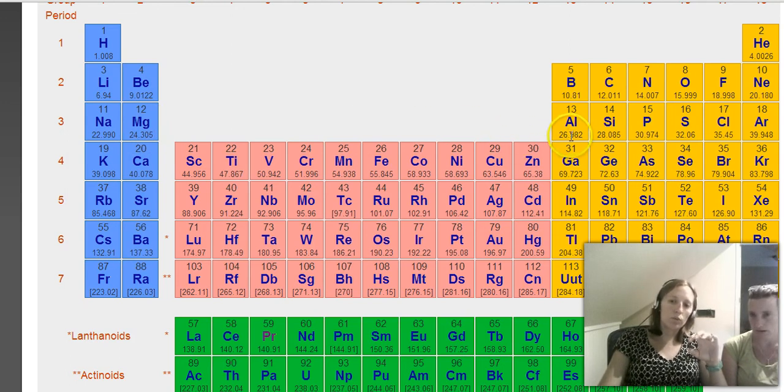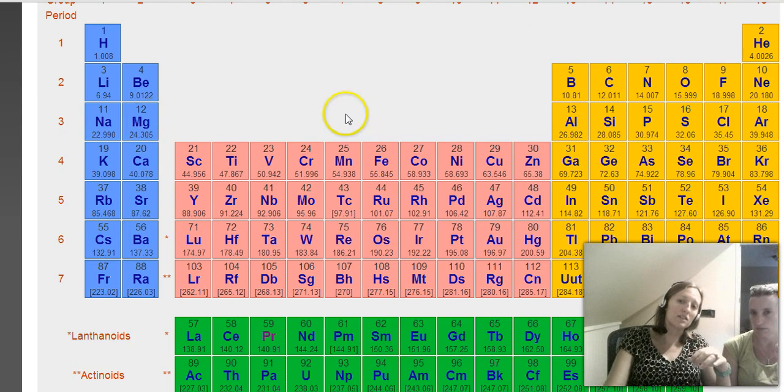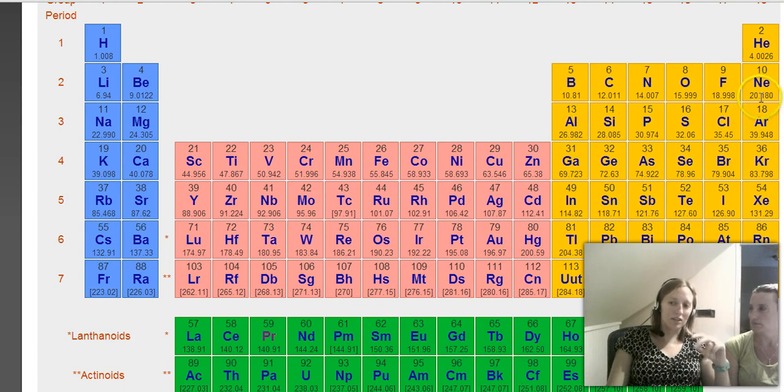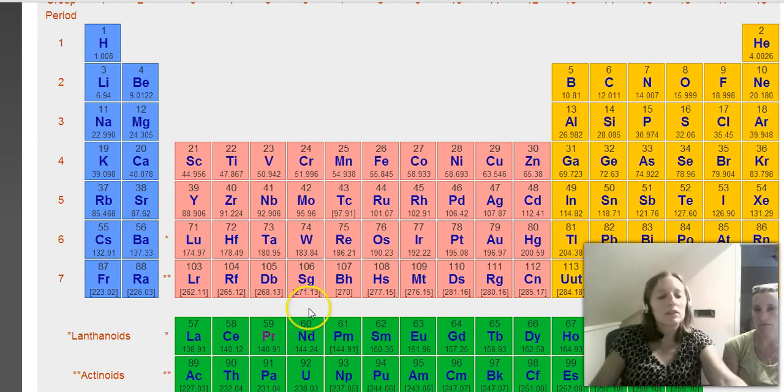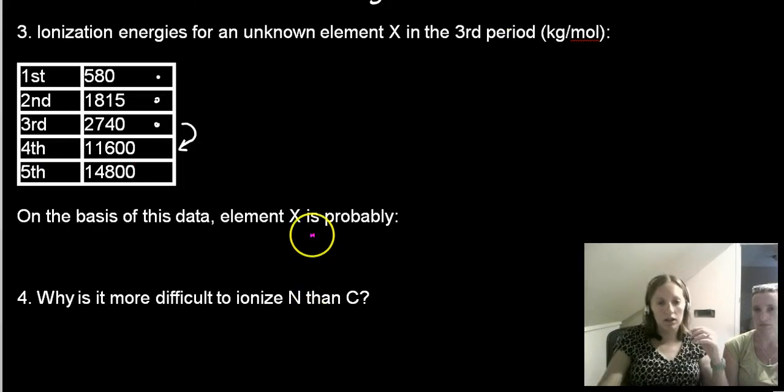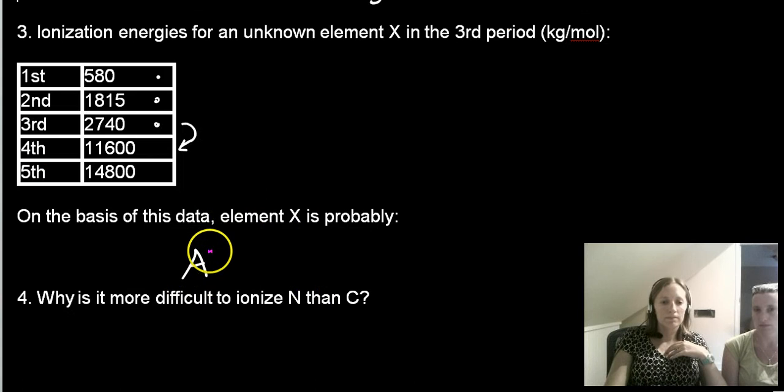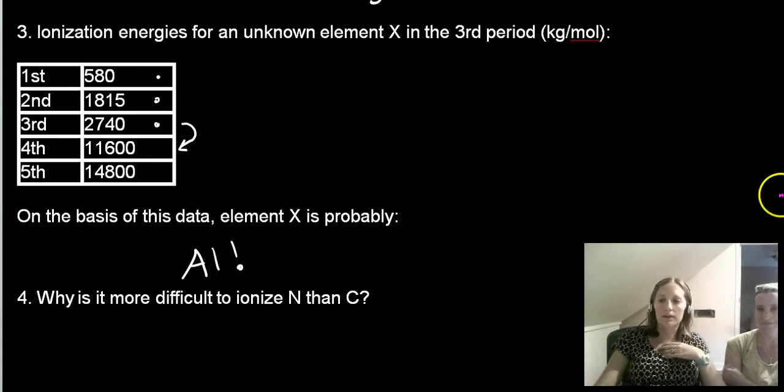Aluminum would be happy with 1 coming off, 2 coming off, 3 coming off, and that would get him to neon's electron configuration. That's the big jump. I'd say this sucker is aluminum. All right.